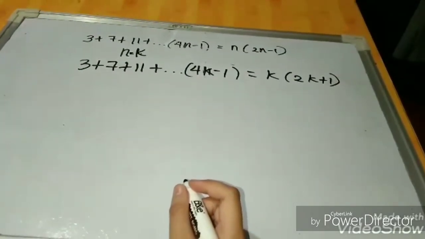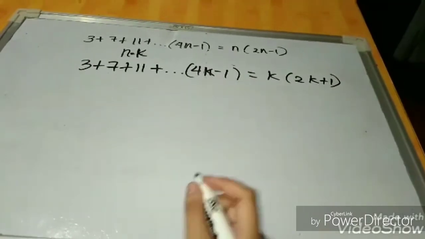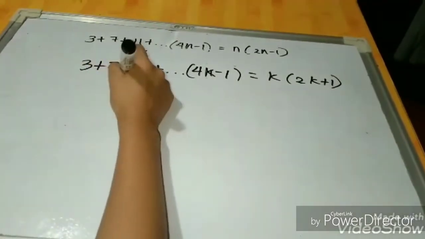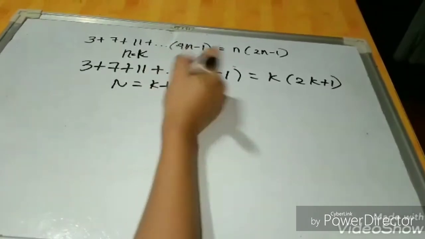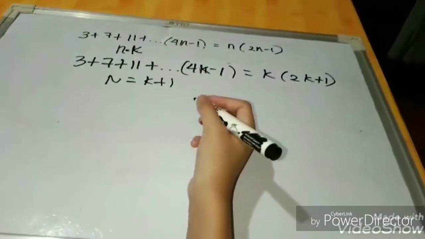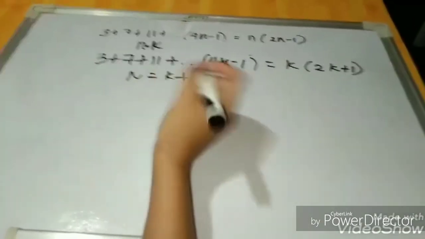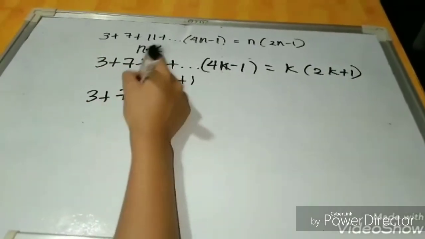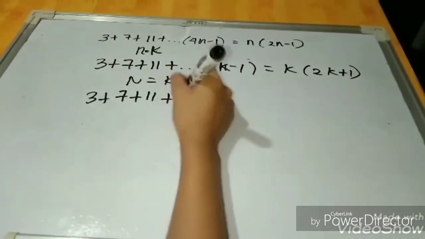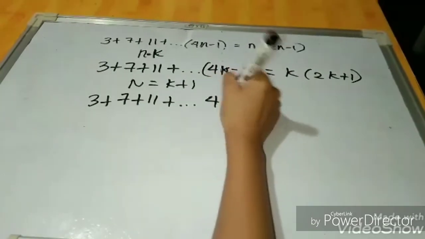We need to prove that the next term is going to be true, and that is when n is equal to k plus 1. So on the left, we're still gonna have 3 plus 7 plus 11 plus 4k minus 1.